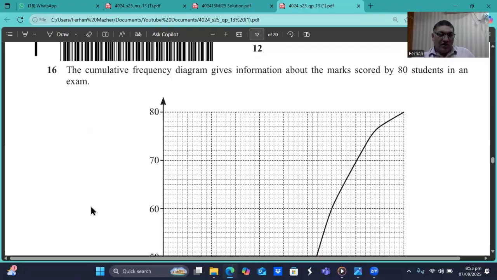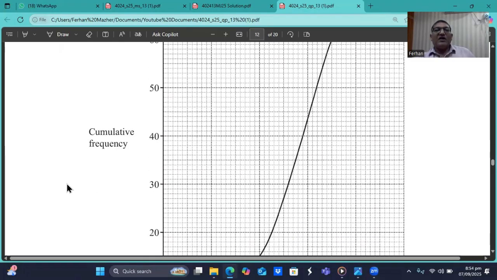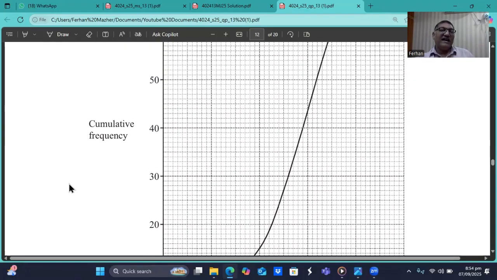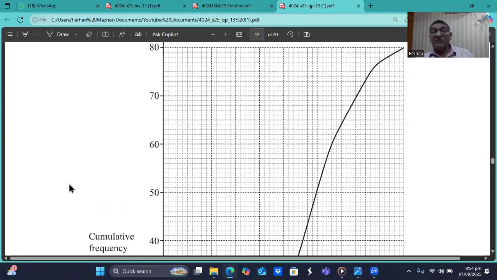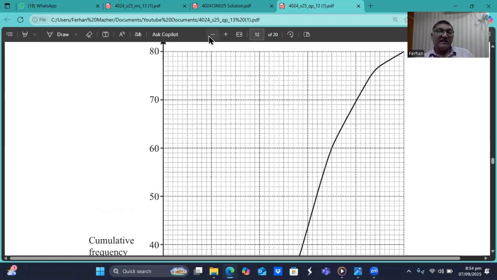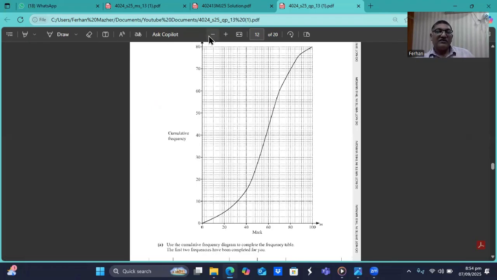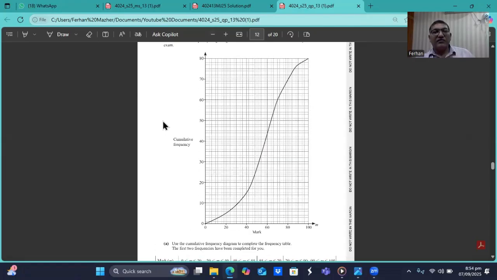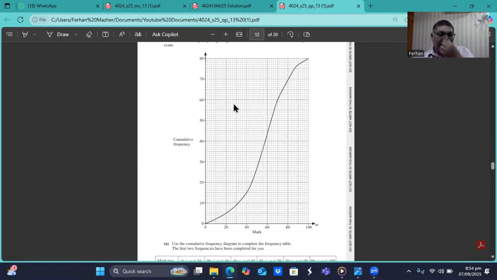So here we have a cumulative frequency curve, and on the x-axis, the marks are represented 0, 20, 40, 60, 80, 100. And on the y-axis, the cumulative frequency, the number of students, is given. Let me reduce the size so you can see the whole thing. So this is the cumulative frequency curve given to you.